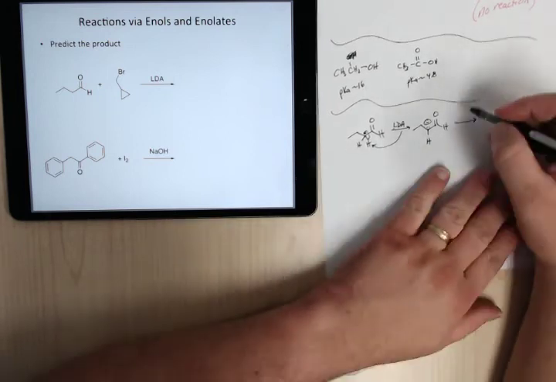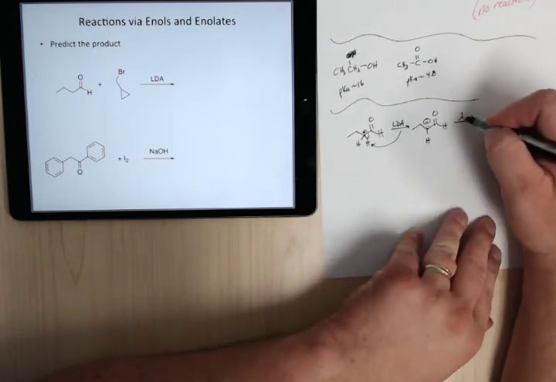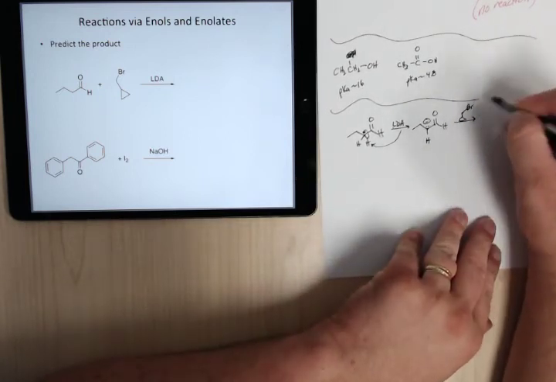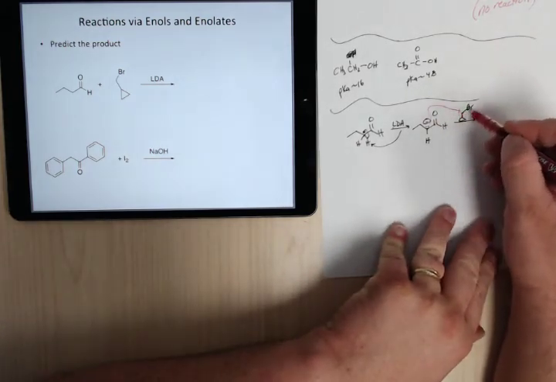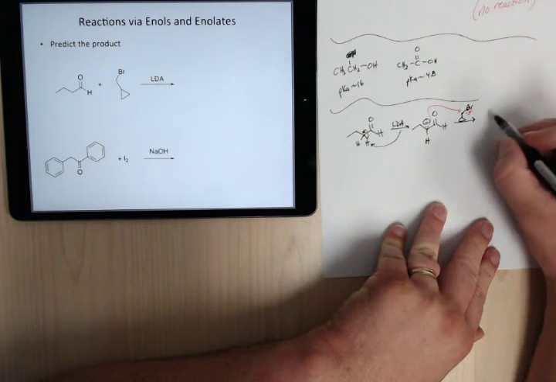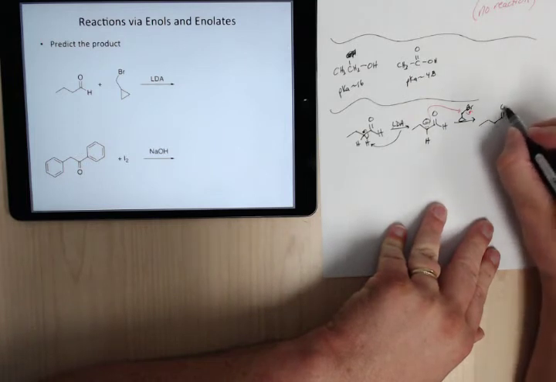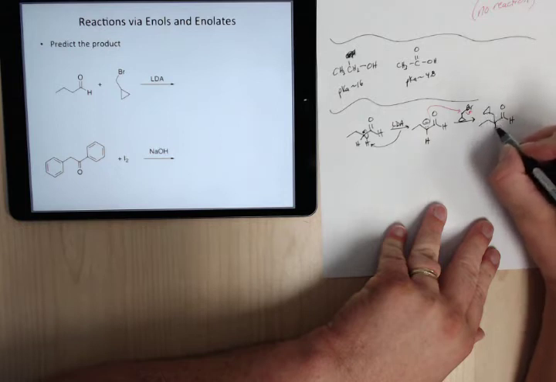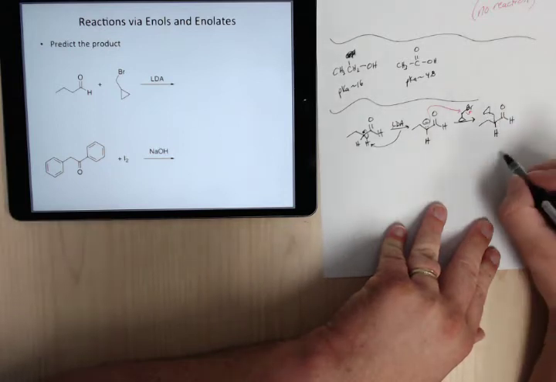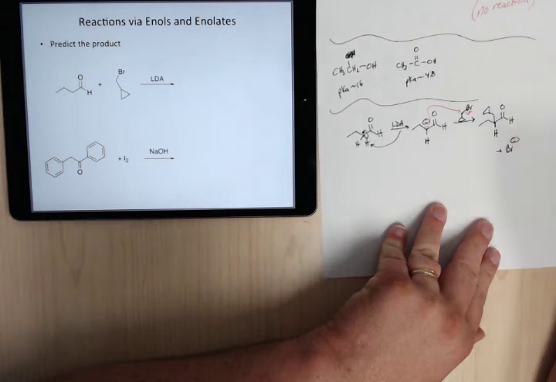Now we're going to throw in this compound. It's just a molecule with a good leaving group, so it's going to attack there, kick the bromide away, and so you're going to end up with, I'm going to draw this poorly, that, plus just Br minus.